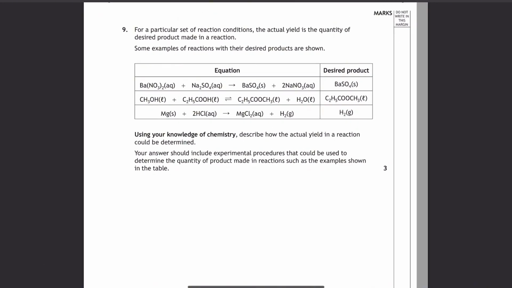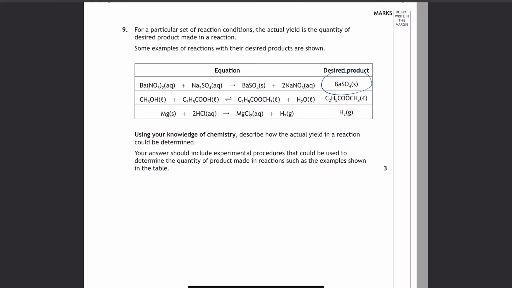Another using your knowledge of chemistry question. This one's on percentage yield. Experimental procedures that could be used to determine the quantity of the product made in reactions such as the examples shown in the table. So if we look at this one first, it's a solid, so we would be weighing the solid using a balance, using the weigh by difference method or using the tare button.